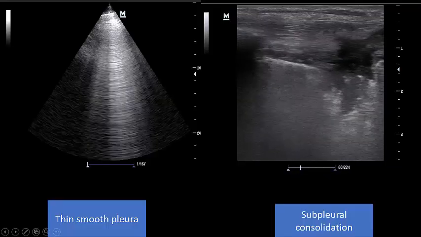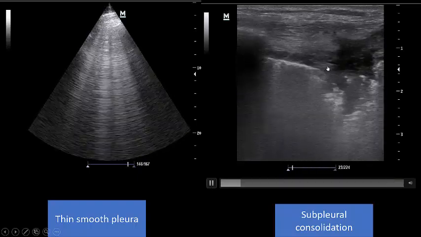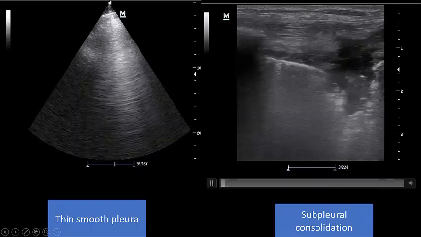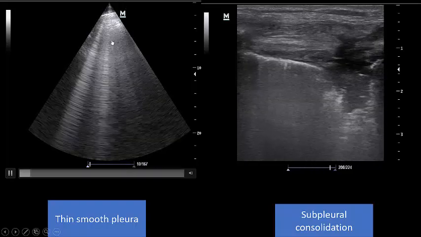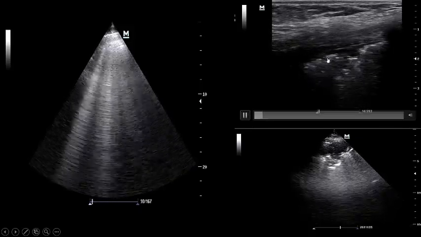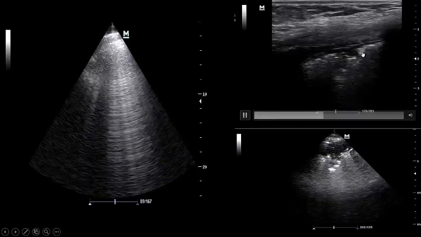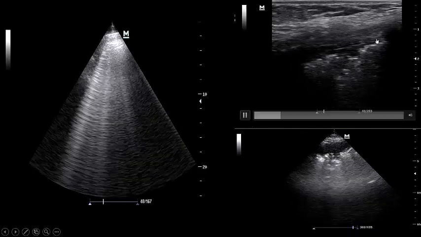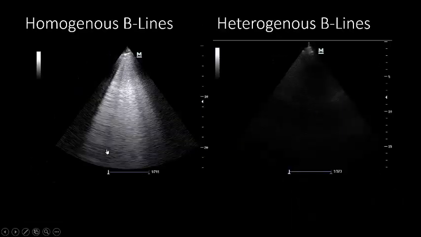This is very important. As you see, here there is subpleural consolidation going with ARDS. Here the pleural line is very thin, no subpleural consolidation. You see here subpleural consolidation with thick fragmented pleura, decreased sliding, versus very good sliding with B line here.